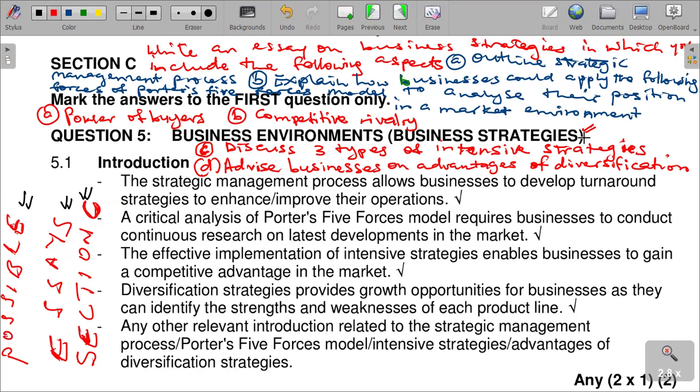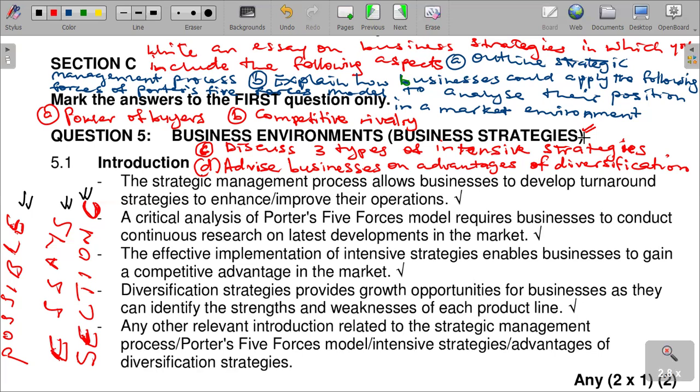A. Outline the strategic management process. B. Explain how businesses could apply the following forces of Porter's five forces model to analyze their position in a market environment: power of buyers and the competitive rivalry.